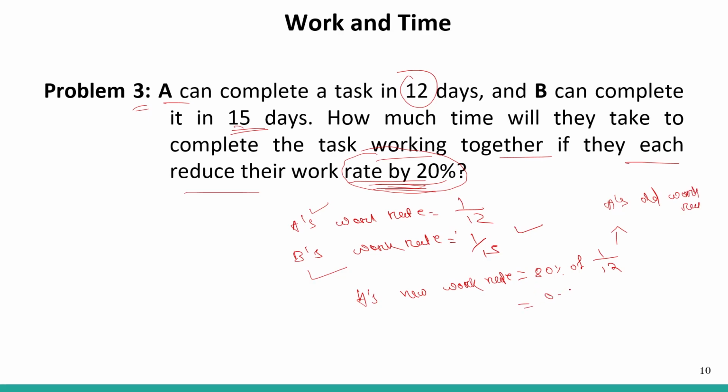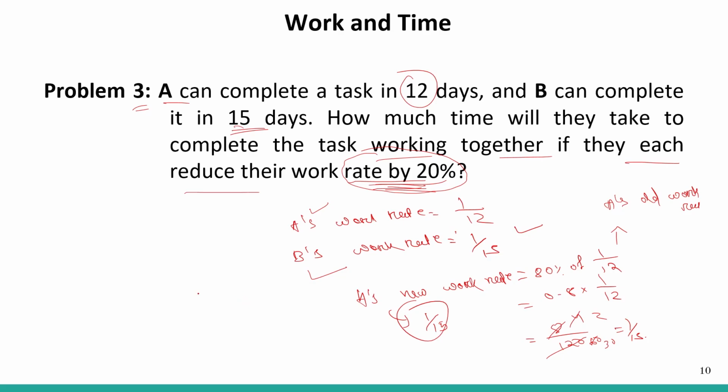So this is equal to 0.8 into 1 by 12, which is nothing but 8 by 120. So this will be 1 by 15, right? So A's new work rate is 1 by 15.